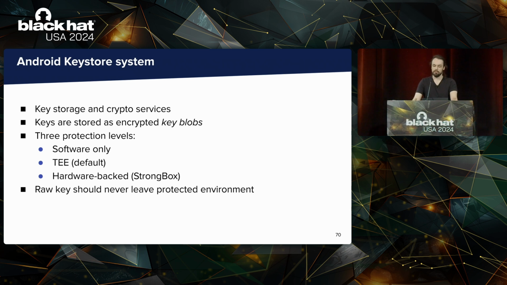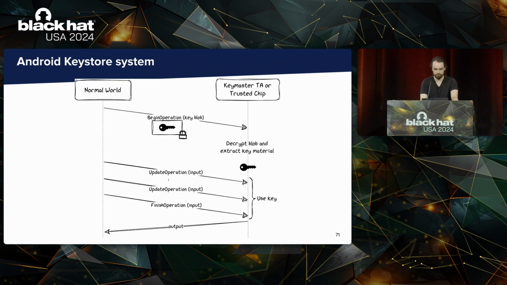So Android has no means to process the raw key material. Only the secure world is able to decrypt this. There are 3 protection levels, and the one that is interesting for us is the TEE one, which is also the default one. And yeah, raw key material should never leave the protected environment provided by the trust zone.